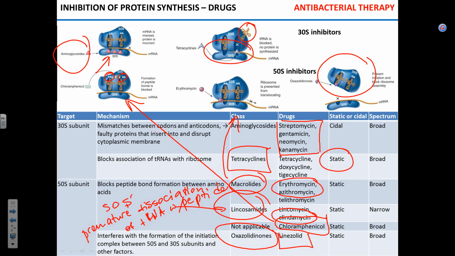I expect you to know that those are aminoglycosides. I mentioned tetracycline and doxycycline. Well, I expect you to know that they are tetracyclines. Erythromycin and azithromycin, I expect you to know that those are macrolides. Clindamycin is a lincosamide. Like for oxazolidinone, you have to know that name.